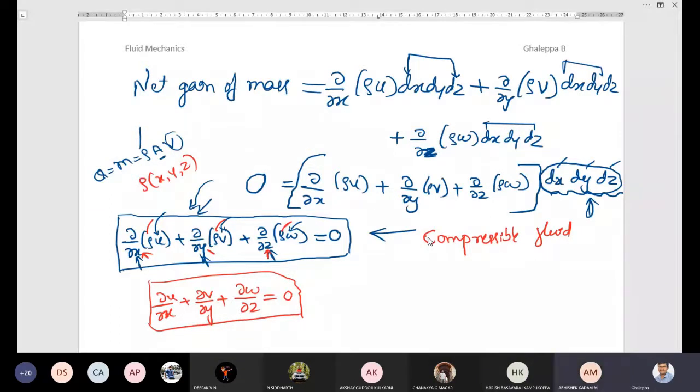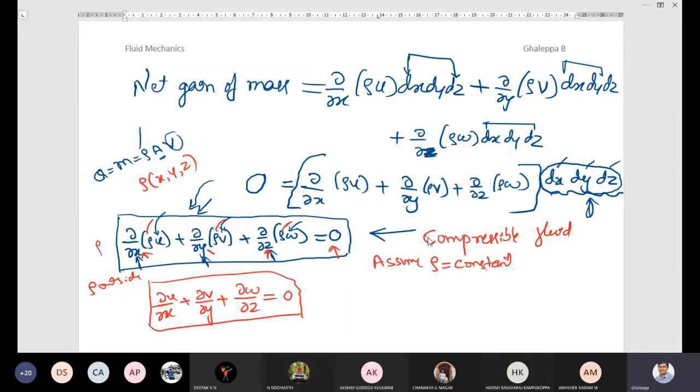Yes, we have taken rho common. I have said assume density is constant. Constant, it is not 0. If it were 0, all the equations would become 0, and we could go home. Assuming rho is equal to constant, I have taken it outside. Then you take it on the right hand side, 0 by rho is 0.